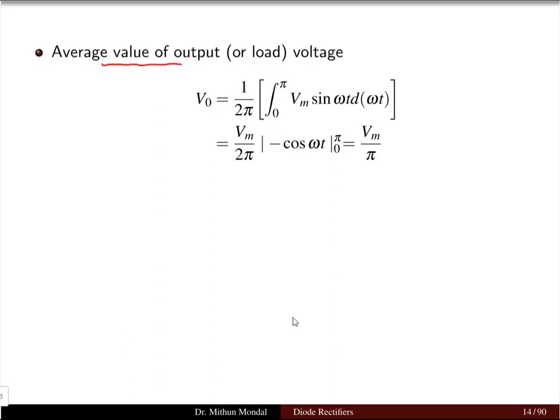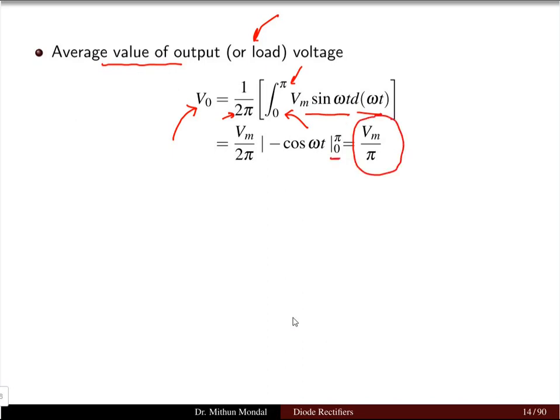If we are solving for the average value of the output voltage or the load voltage, the output voltage average, because the time period is 2 pi and it is conducting from 0 to pi, the input is given by Vm sine omega t d omega t, and if we integrate from 0 to pi, we get Vm by pi.